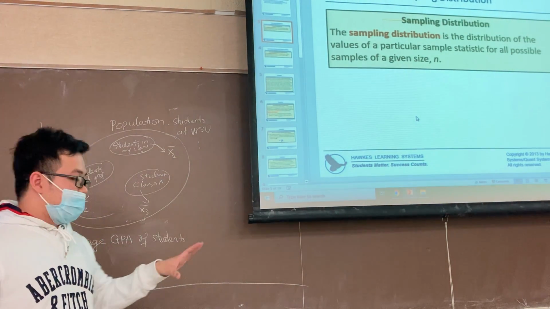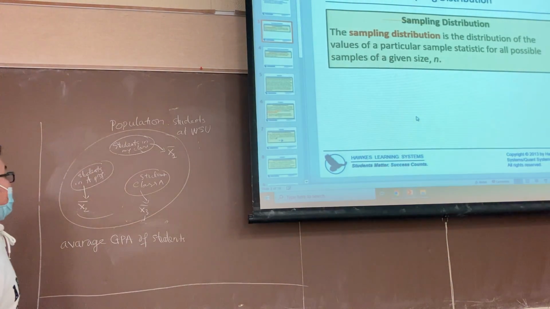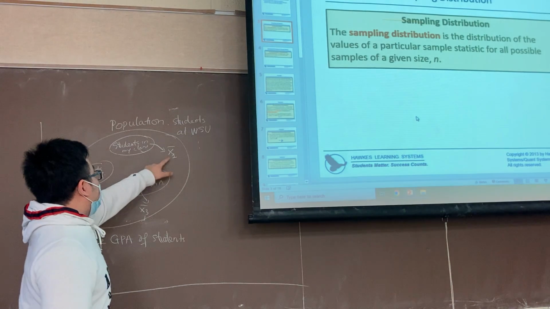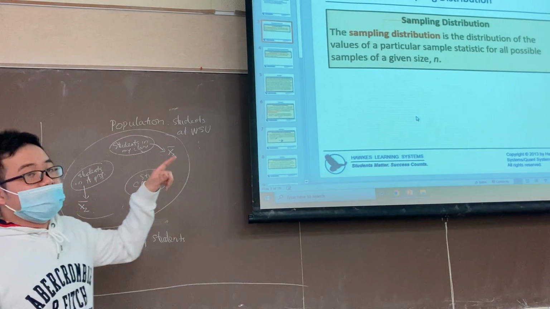Because the scores in each class are different. And the distribution of x-bar 1, x-bar 2, and x-bar 3 is called the sampling distribution.